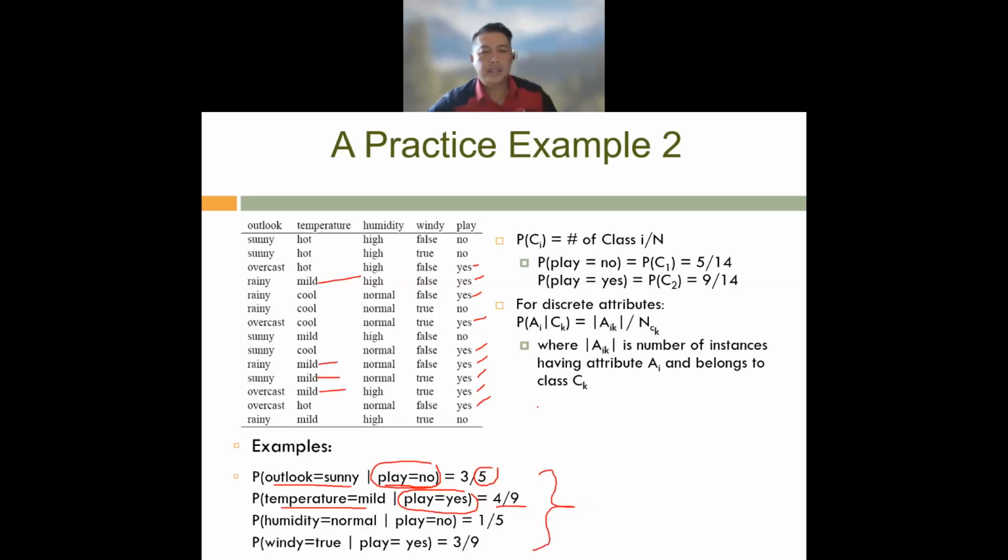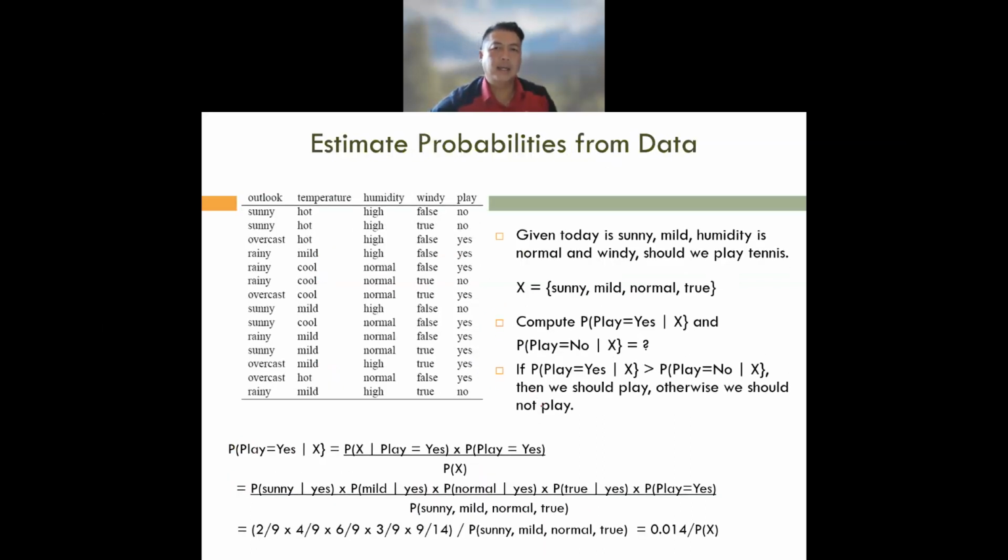Okay, so in the exam, they will ask you something like this. Given today is sunny, mild, humidity is normal, and windy, should we play or not? So this is your dependent variable, and your x will be all these values.